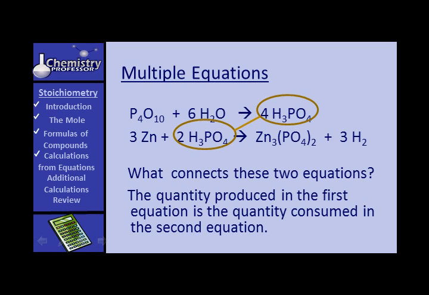The 4 from the first equation talks about the relationship with the other two compounds in that first equation. The 2 in the second equation talks about the mole-mole relationship in the second equation. The mole-mole relationship from the first equation doesn't have anything to do with the mole-mole relationship in the second equation. You got the idea?